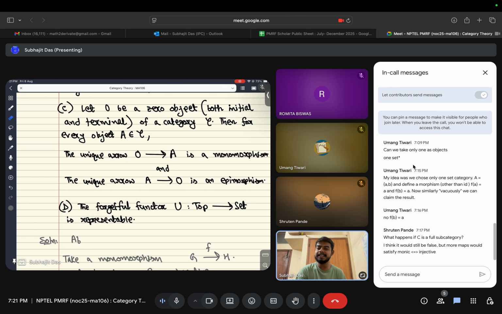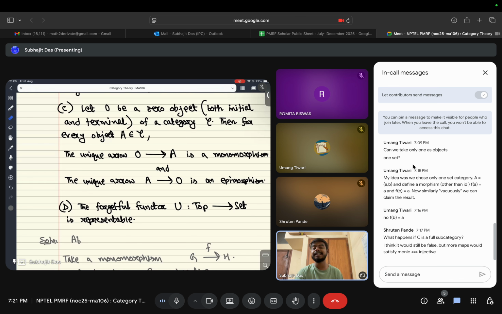Suppose C is a category with a zero object. Then for every object A in C, there is a unique arrow from 0 to A. The statement is that the unique arrow from 0 to A is a monomorphism.